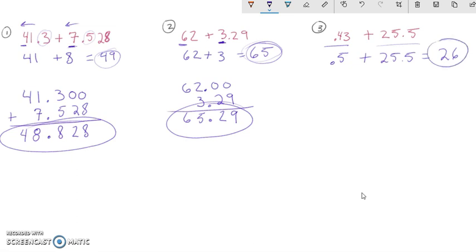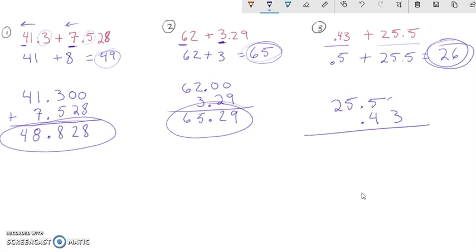An estimate is just something you can do in your head really quick to check the reasonableness of your exact answer. I bet my answer is close to 26. Let's check. 25 and 5/10. I'm going to line up my place values, so the 4 in the tenths place goes below the 5 in the tenths place, and the 3.